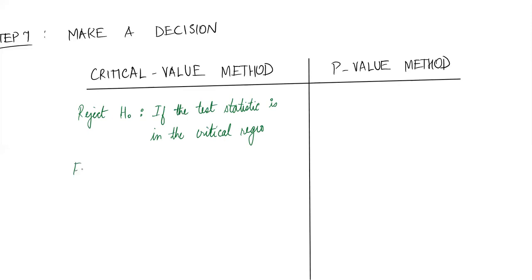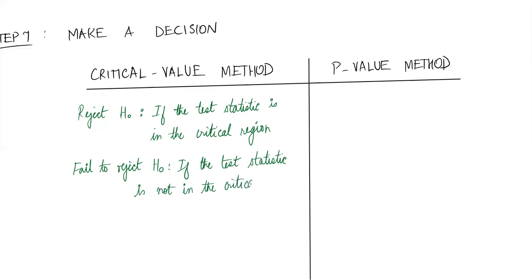Fail to reject H naught if the test statistic is not in the critical region. That's a little more visual, right? Notice we did not say accept H naught, we said fail to reject H naught.